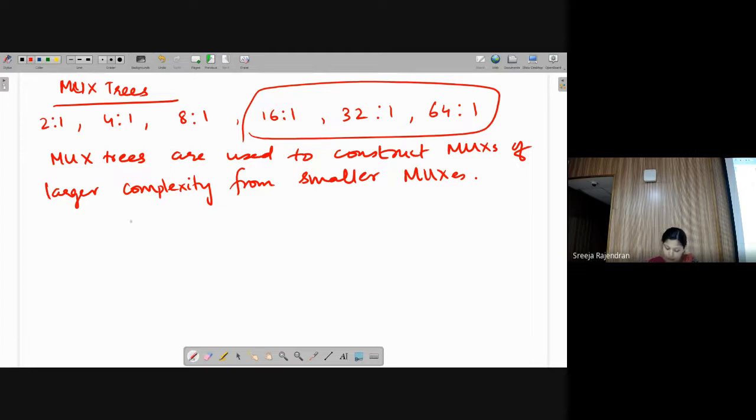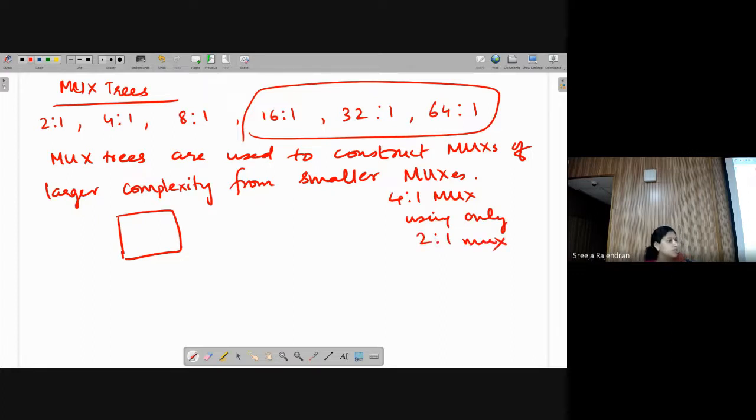If I want to construct a 4 is to 1 mux using only 2 is to 1 mux, what happens? A 2 is to 1 mux can take only 2 inputs. 4 is to 1 means I will have a total of 4 inputs, right? So how many 2 is to 1 mux do I need? If I have to take in 4 inputs, I need 2 of them. This takes in the inputs I0, I1.